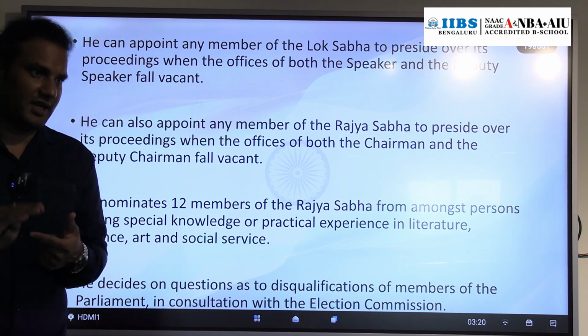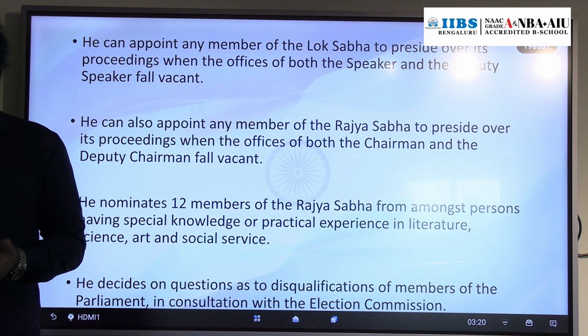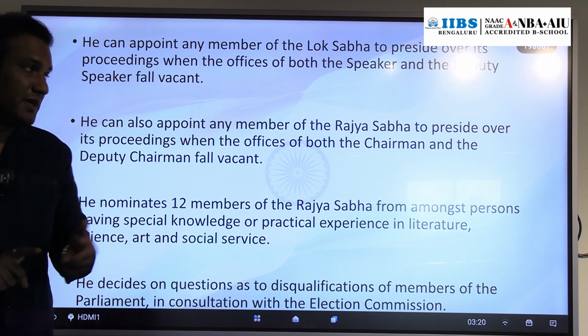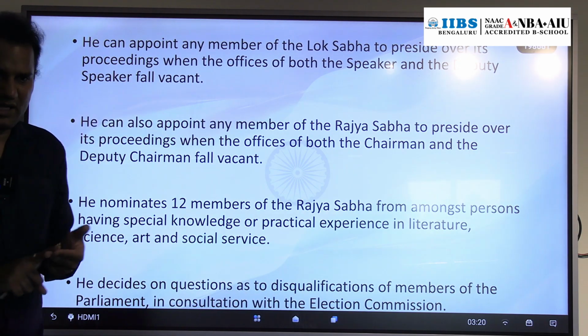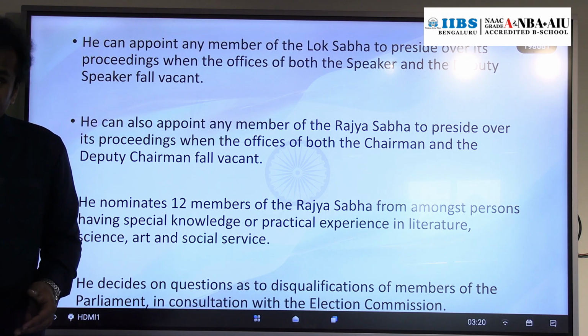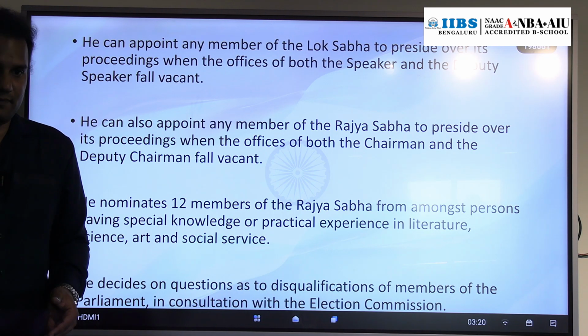Now suppose the Speaker has resigned and the Deputy Speaker has also resigned. Then there is a vacancy in the post of Speaker as well as Deputy Speaker. At that time, the President will appoint one member from the Lok Sabha to preside over the session. Please remember, here we are not talking about availability.